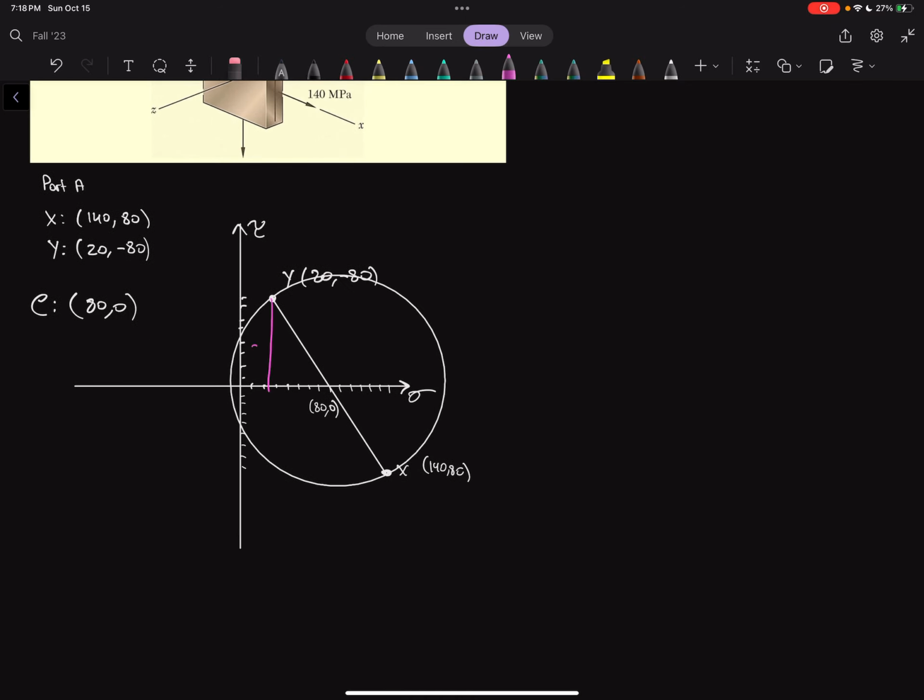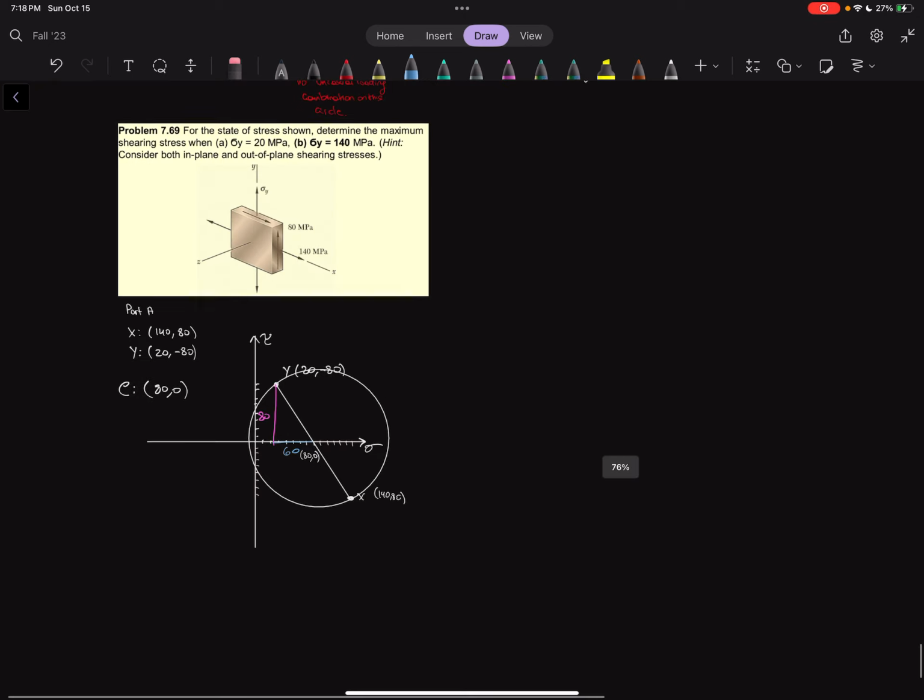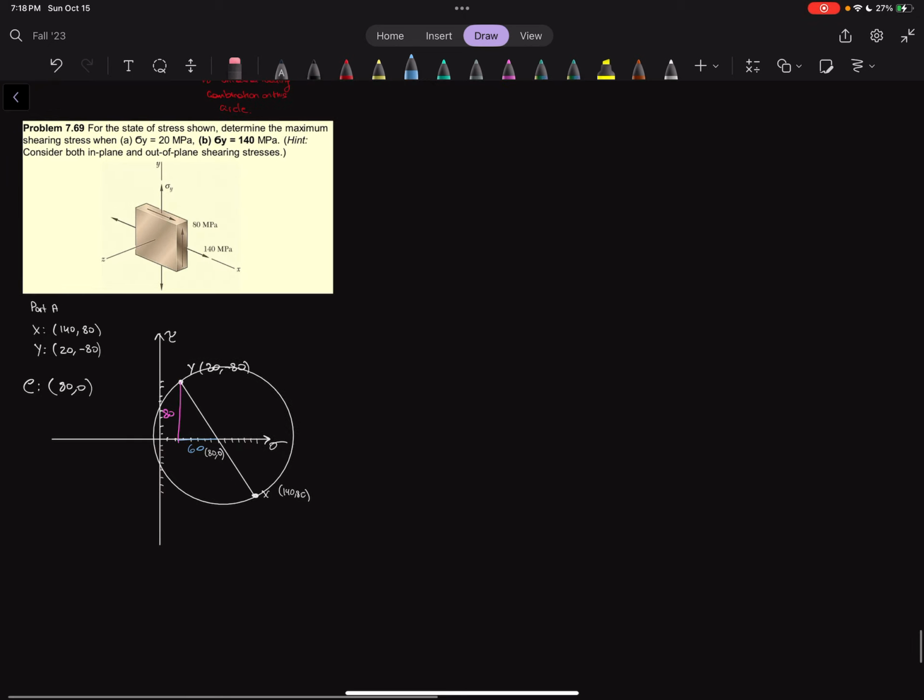So now we know this is 80. And I can do 80 here, and then 20, and then to get to 80, that's another 60. So I know this. And they want to find the maximum shearing stress.